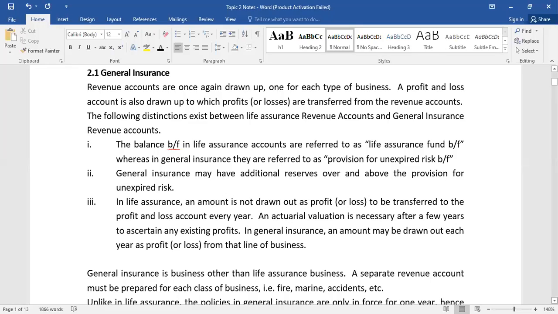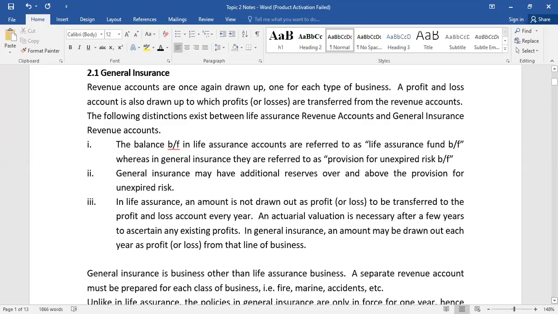Whatever we start with is the provision for unexpired risk, because, as I have indicated, life insurance will cover you for a long duration. You can imagine covering yourself until you retire, having started working at the age of 28. That's quite some period of years.